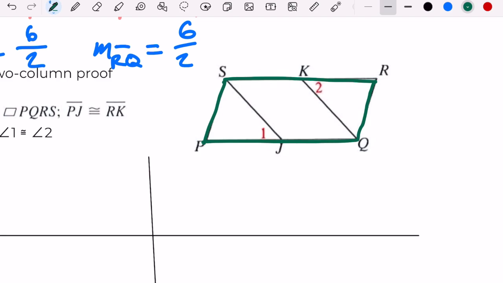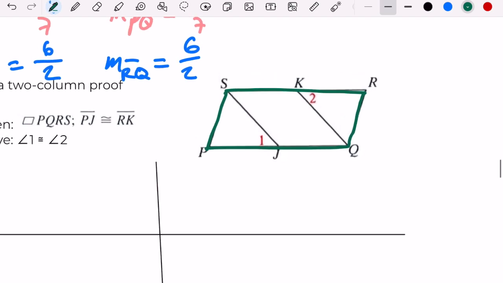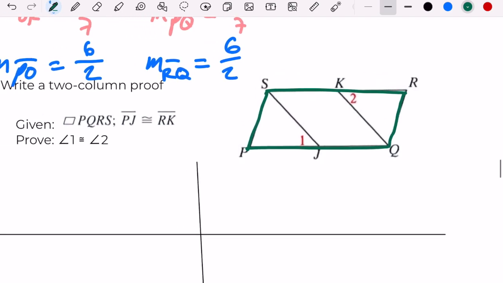Like we know that PQ and SR are parallel, SP and RQ are parallel, SR and PQ are congruent, SP and RQ are congruent. We know that angle P and angle R are congruent, angle P and angle S are supplementary. We have so much information.